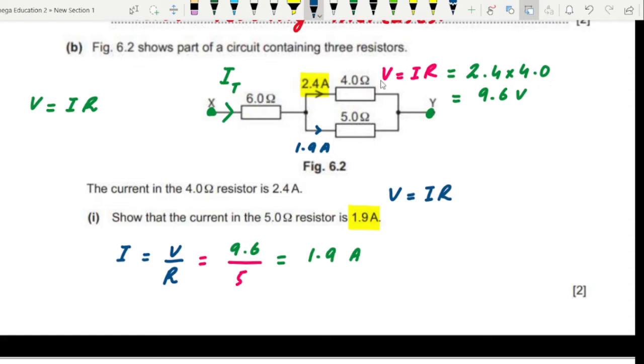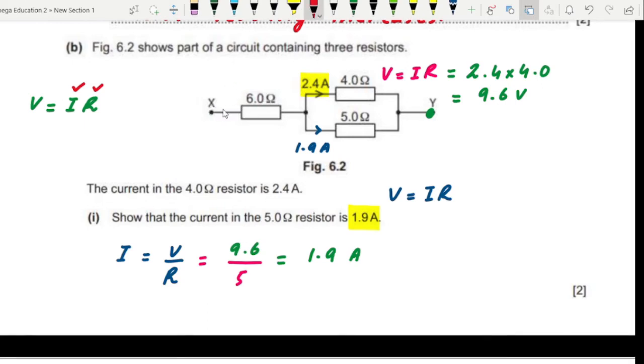One of them is the value of current, meaning the total current between the points X and Y. And the other is the value of resistance, meaning the total resistance between the points X and Y. So let us find both of these things. Finding the total current between these 2 points is very easy. Think about it.